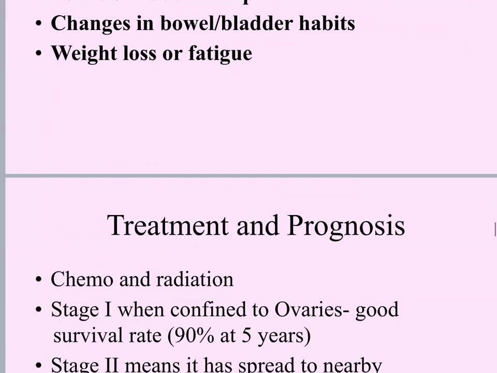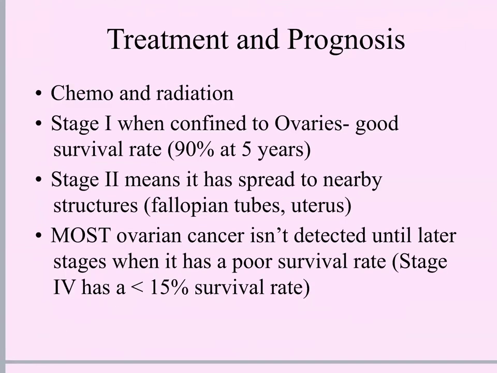So, treatment and prognosis. Treatment is going to be chemo and radiation, possibly surgery. If this is caught at stage one, which means that the disease is confined to the ovaries, there's a pretty good survival rate, 90% at 5 years. And I think all cancer survival rates go by that 5 year earmark.